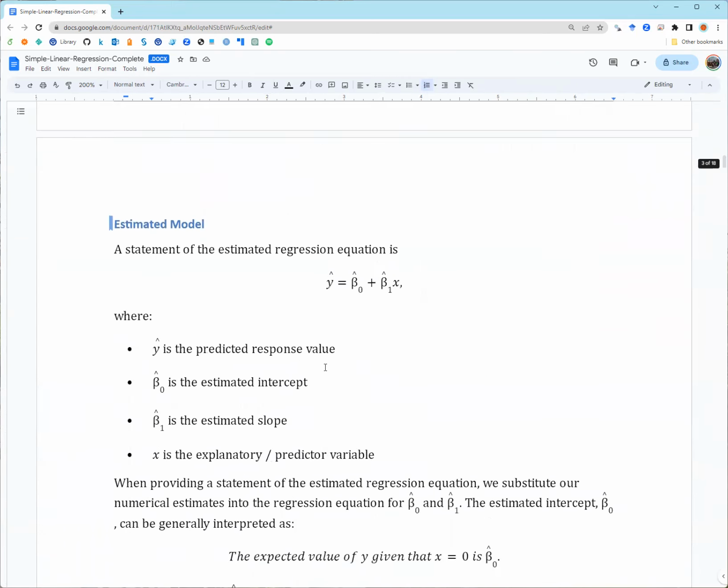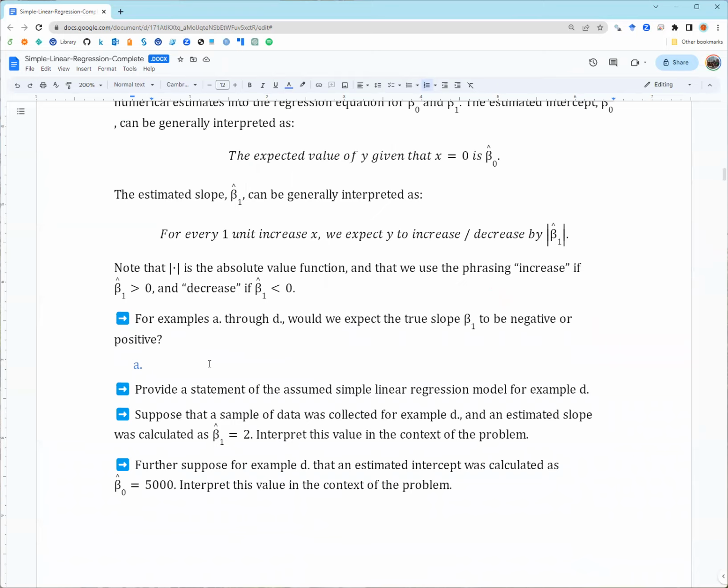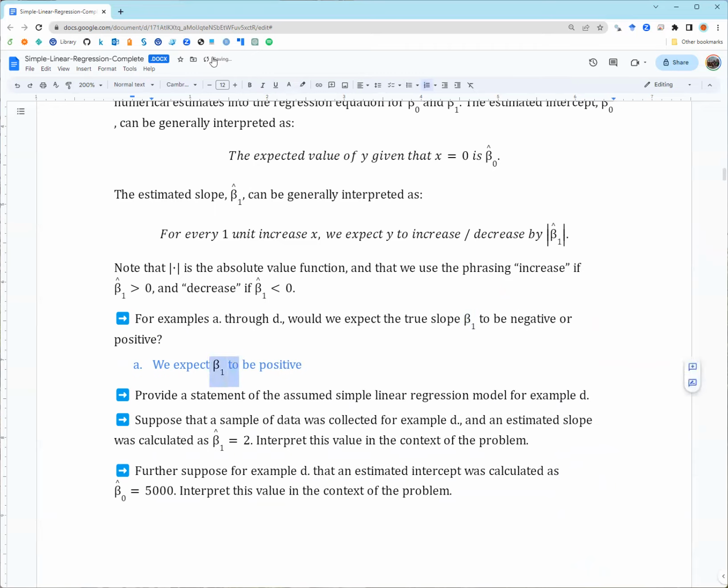So if that's true, then we would expect beta 1 to be positive in that case.